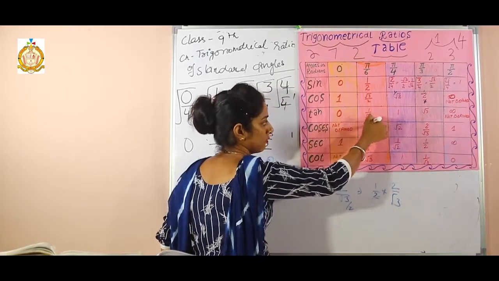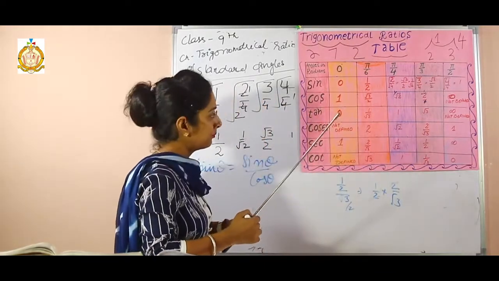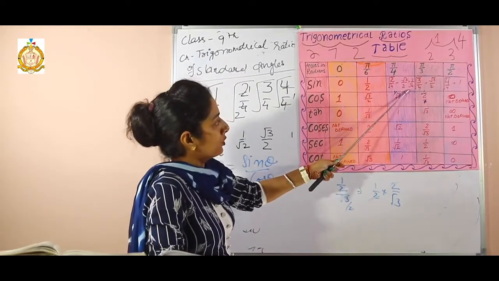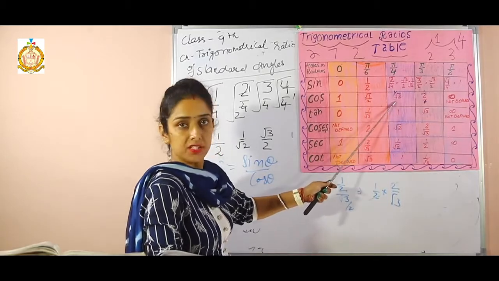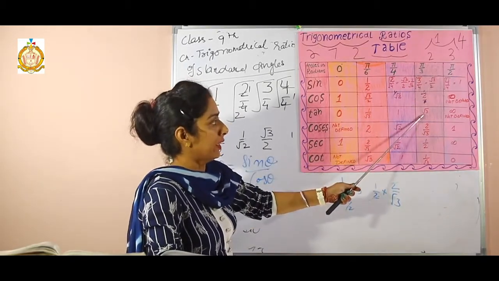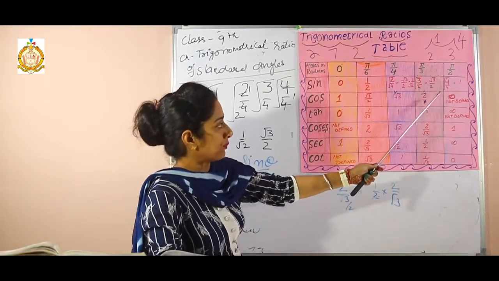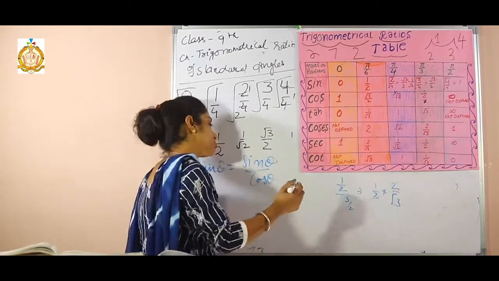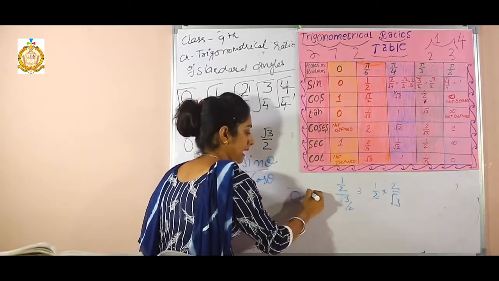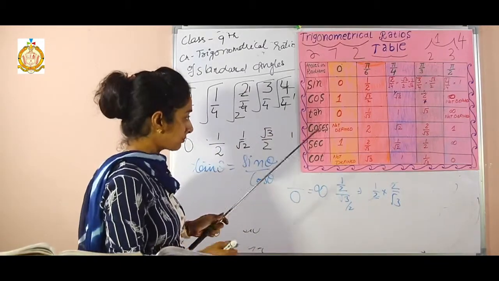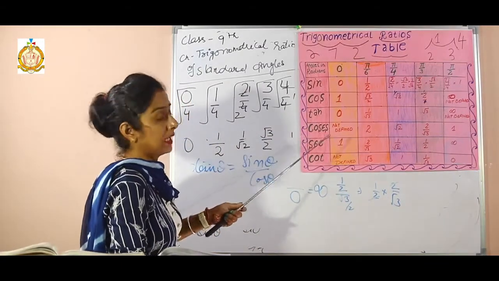This and this cancel and we get the value 1 over under root 3. Again 1 over under root 2 divided by 1 over under root 2, you get 1. Under root 3 by 2 over 1 by 2 is under root 3. Then 1 over 0. Now when there is a 0 in the denominator, then we get infinity, which is not defined.